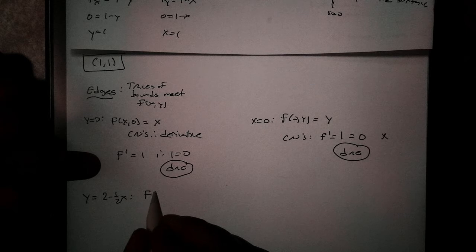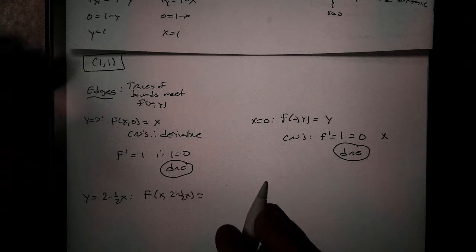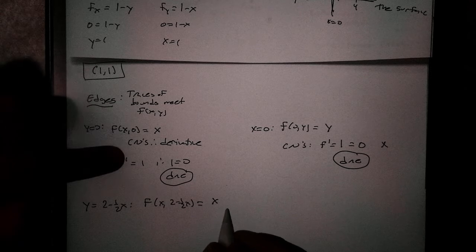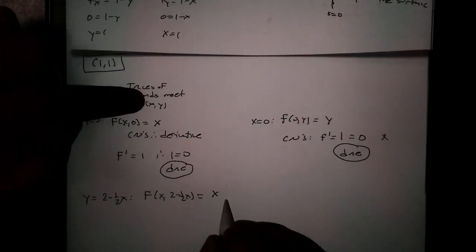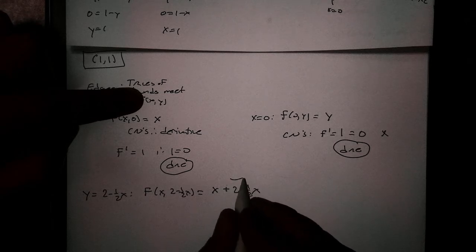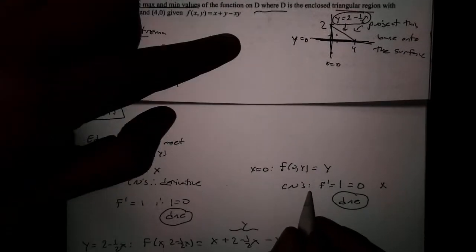And if I plug that in for my y value, let's see here, go back up to the original function and plug that in for y. So we're going to get x plus y, so plus 2 minus 1/2 x, because remember that's my y, and then it goes minus x times y.